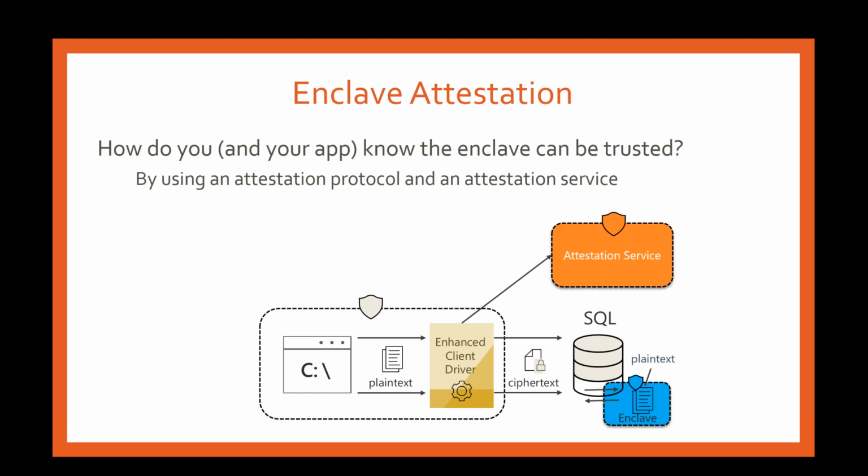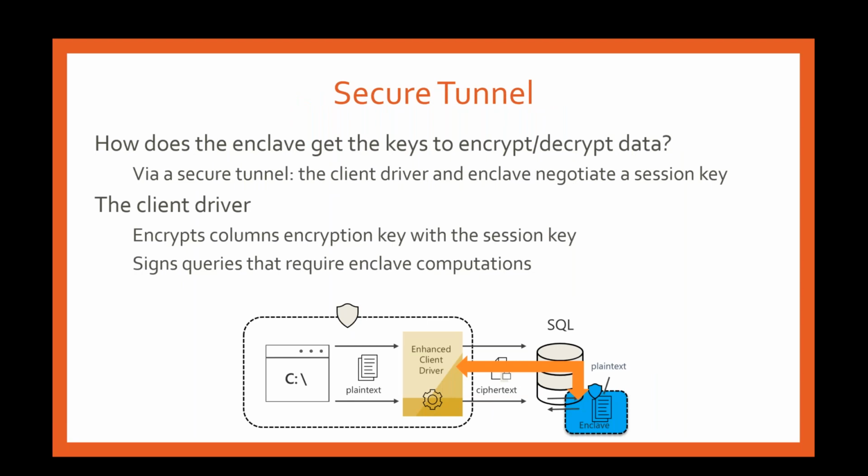So what is this attestation service? There are a few attestation types that I will tell you in a moment. But the attestation service is like your domain controller, just that it is optimized, specialized for issuing attestation keys.